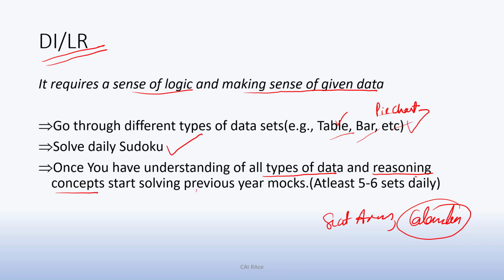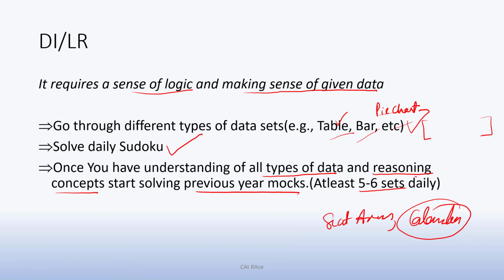After that you can solve previous year mock papers. The past 2 years' mocks are sufficient. You can solve last year's mocks and all the mocks of this year. That will be sufficient. Solve 5 to 6 sets daily, so that you get into the habit of it. This was all about DILR. Oh, one more thing, for DILR you can also follow any one material.